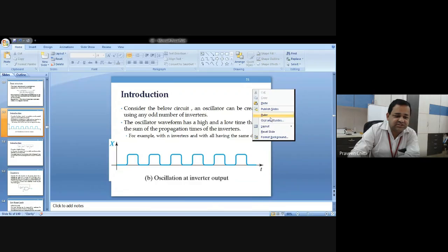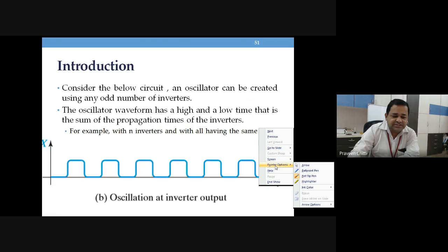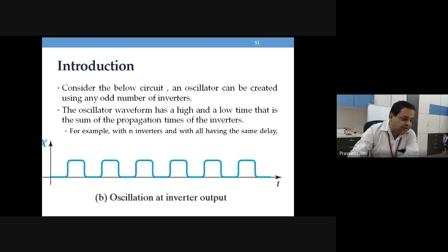So the edge which changes from 0 to 1 is called what? Can anybody tell me? There are two edges. One edge is changing from 0 to 1, and there is another edge that is changing from 1 to 0.